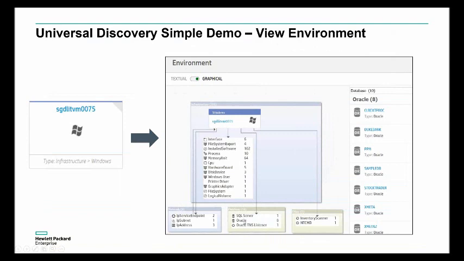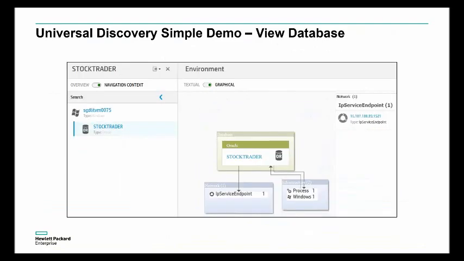In this particular case, when I was working on the screen captures, I clicked on the Oracle icon down at the bottom that has the 8. And what you see on the right then are all of those Oracle databases. If you decided you wanted to take a look at some of the details about the stock trader Oracle database, where that star appeared, you would simply click on that, and you get this next page here, which would show that you're now looking at the stock trader Oracle database that's related to the Windows Server, and you can see the IP service endpoint and the processes that it's related to, and you can see what port it's actually connected to over there.